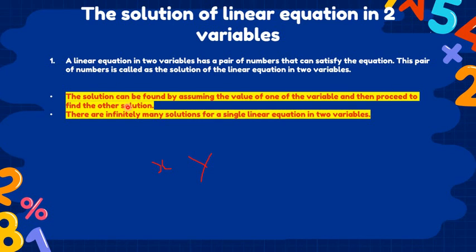When we put the value of x as 2 and the value of y as 5, then only we can get the whole solution of the equation. They will give what is the value of x and what is the value of y. In some other cases we have to find the value of x or the value of y. There are some problems in the upcoming exercise that I will be explaining.